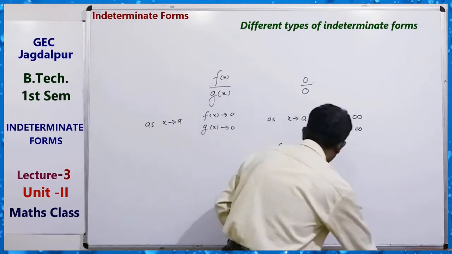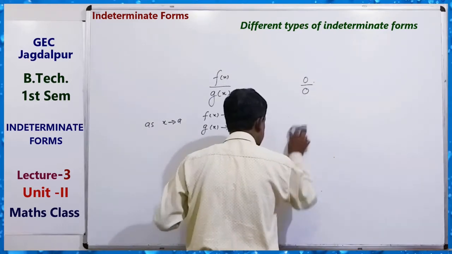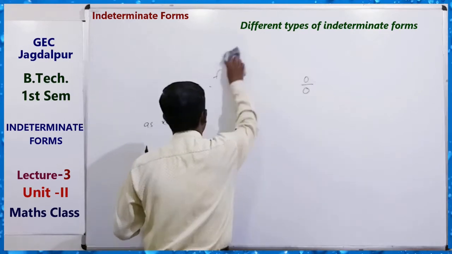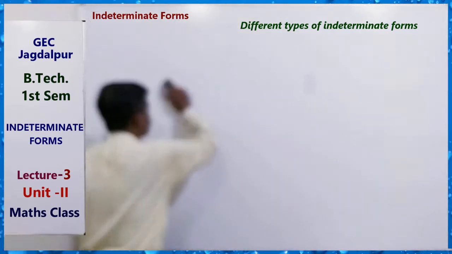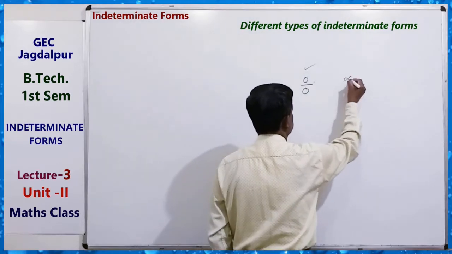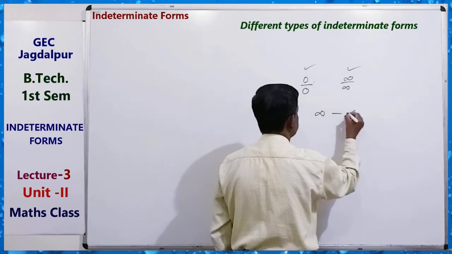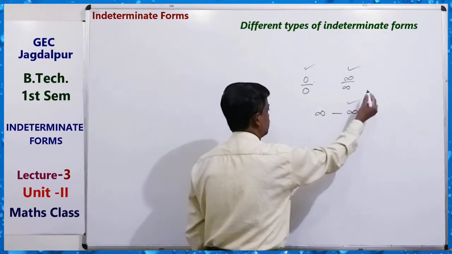Okay. These two formats are indeterminate formats, and there is also another format, just like this. This is one of the formats, and also infinity minus infinity is also a format.